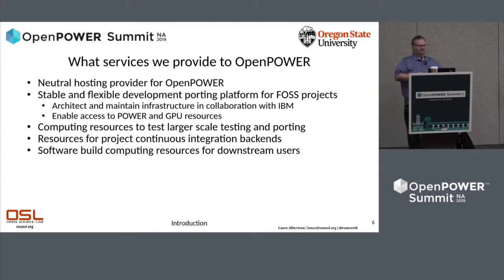We work with IBM to architect and maintain the physical infrastructure, and work with IBM as we run into issues, and we also enable access to Power and GPU resources for all these projects. We also work on computing resources for large-scale testing and porting. We also have lots of continuous integration backends for OpenPOWER, and we also provide software build computing resources for downstream users.